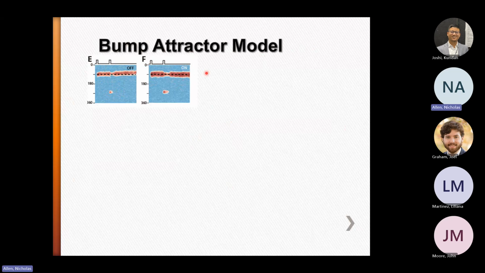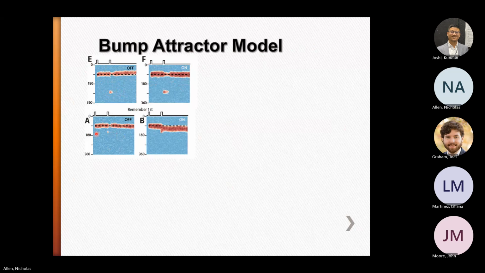This was precisely so in the experiment. However, there was a marginal case. That is a case where the second stimulus is closer to the first, close in space with each other.